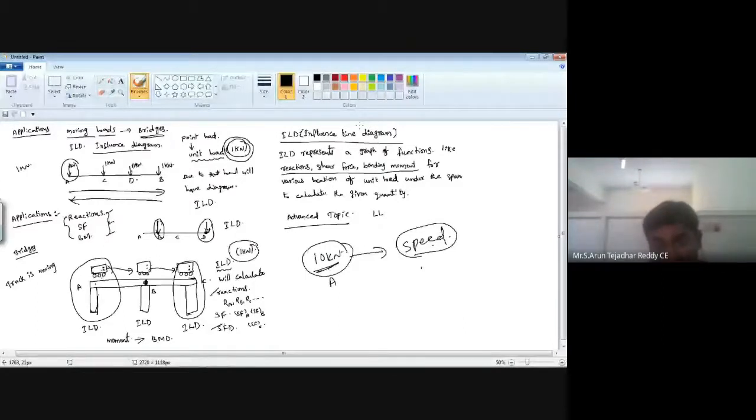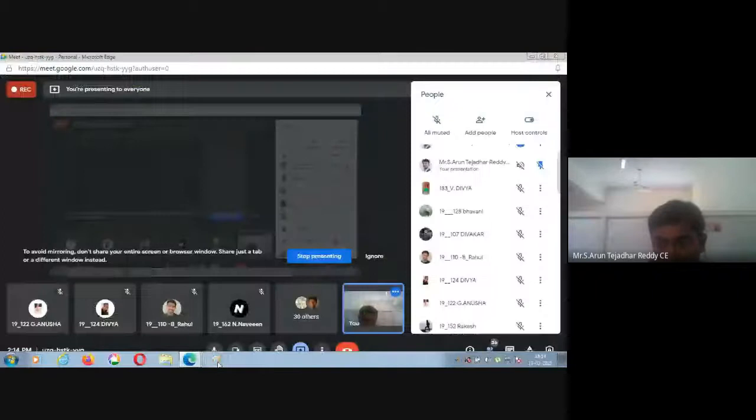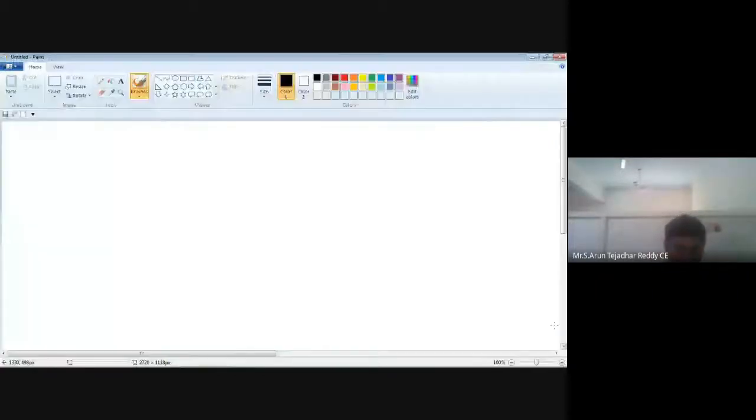Next, how to calculate the ILD for reaction. First point is reaction. So ILD for reaction here.